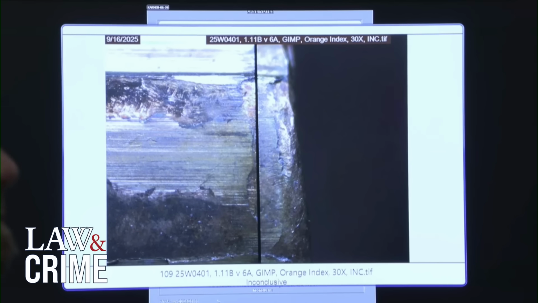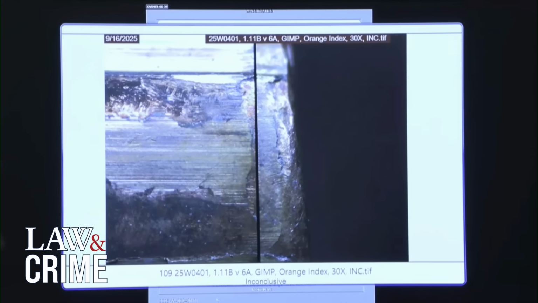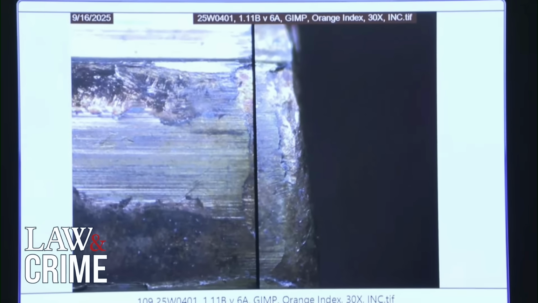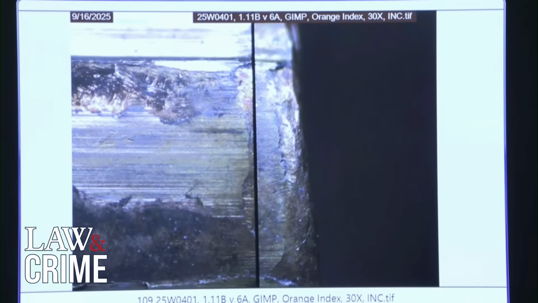If I had pulled the specimen that's on the left, the test fire over, there might be some agreement that could be observed, but the way the photograph is now, you don't see the line on the right going all the way over. But again, this is just a snapshot of one particular area. Doesn't show areas of agreement or disagreement. There is an area of agreement at the very bottom of the photo. Okay. Correct, yes. Next photo, please.